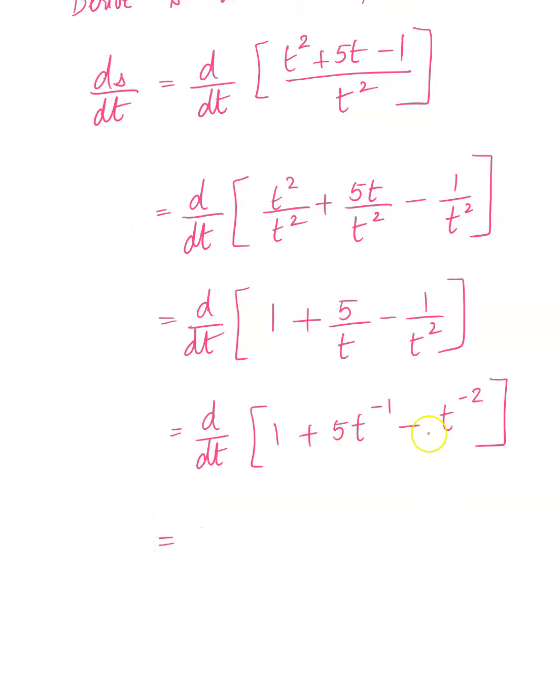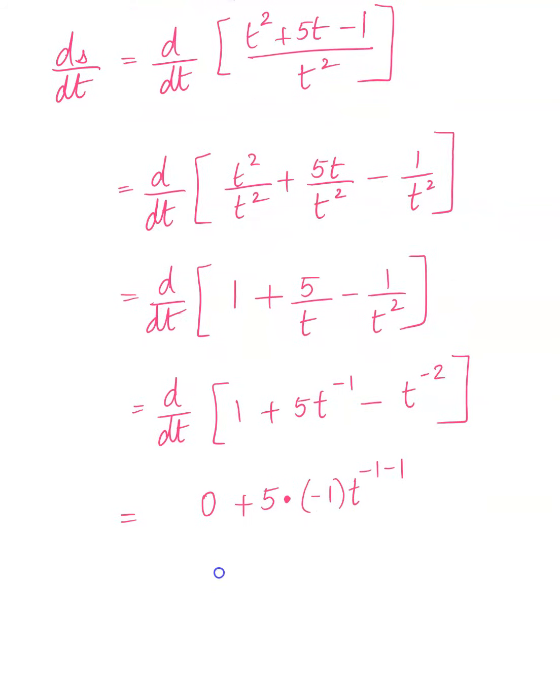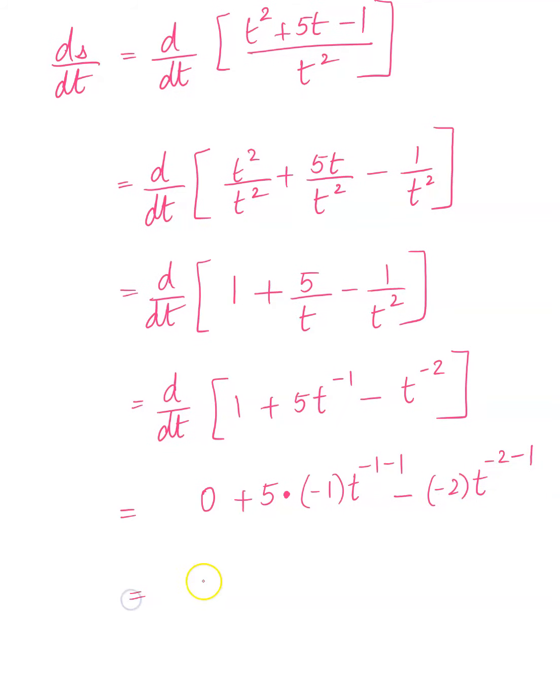So now if I apply the derivative for each term individually, the derivative of 1 will be 0, plus 5 times the derivative of t power negative 1, which will be negative 1 t power negative 1 minus 1, minus negative 2 times t power negative 2 minus 1. So that's going to be negative 5 t power negative 2 plus 2 t power negative 3.